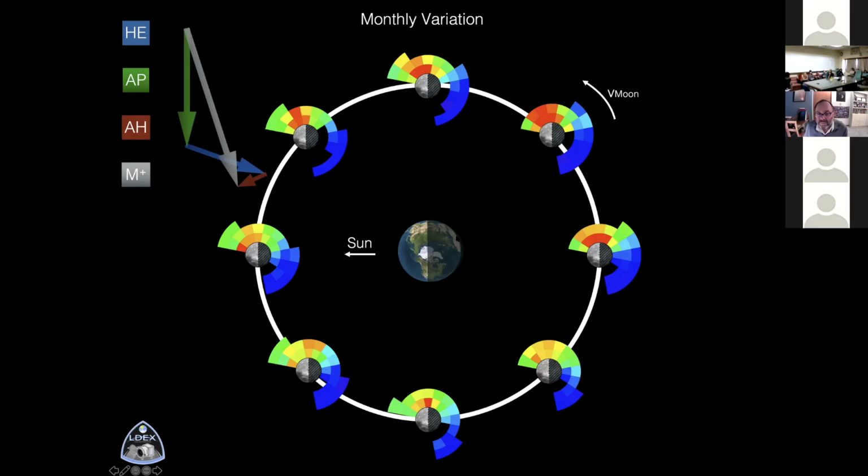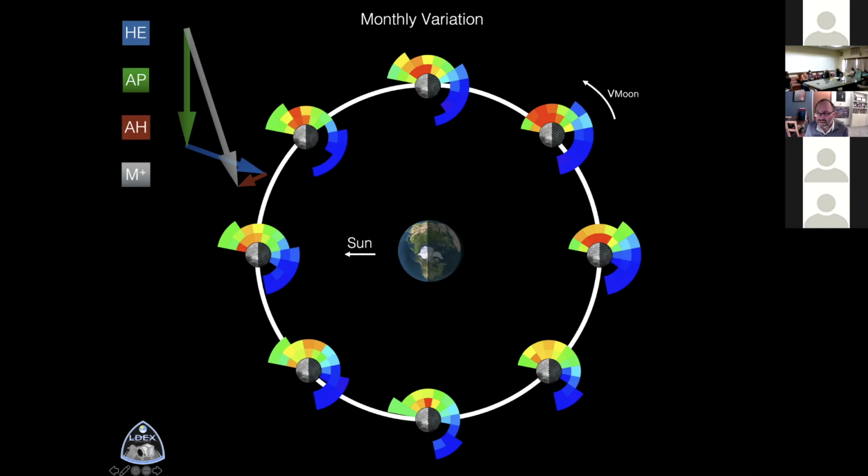And as the moon goes around the Earth, of course, the Earth goes around the sun at 30 kilometers per sec. The moon goes around at 1 kilometer per sec. So there is a modulation in speed, 29, 31, 29, 31. And the amount of impact ejecta that we generate is a high power of the incoming speed.